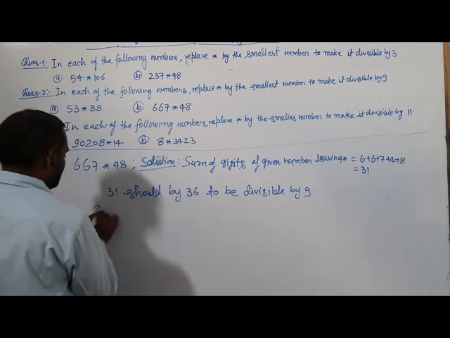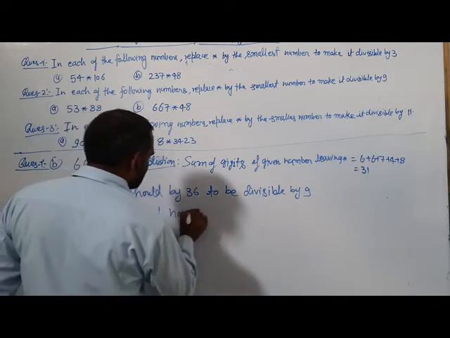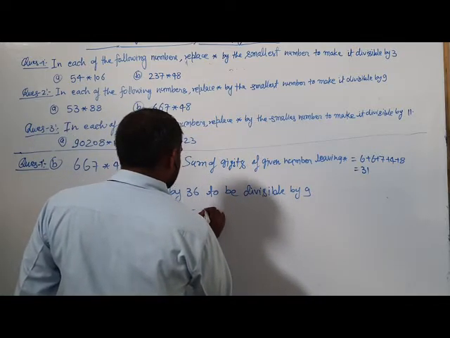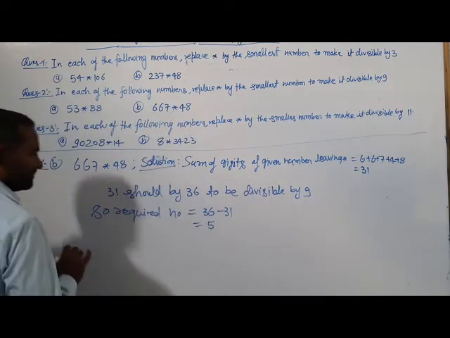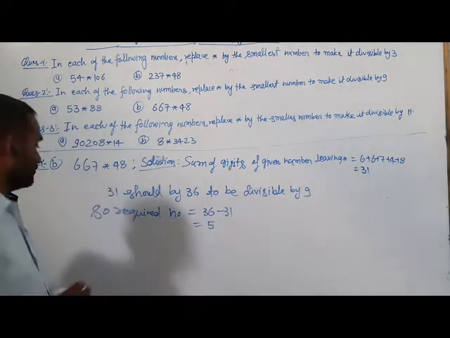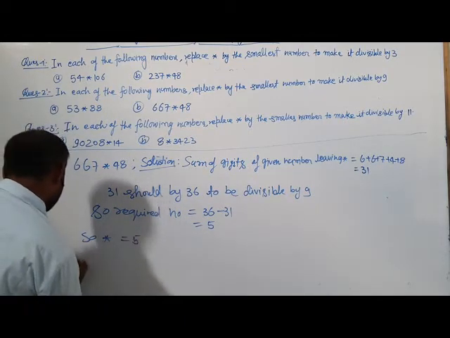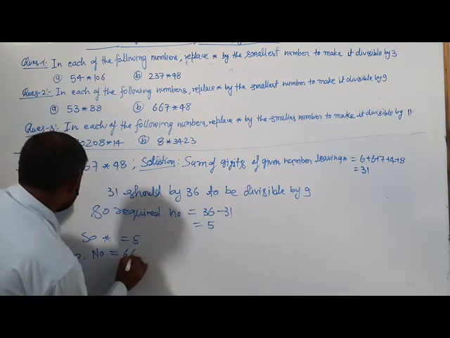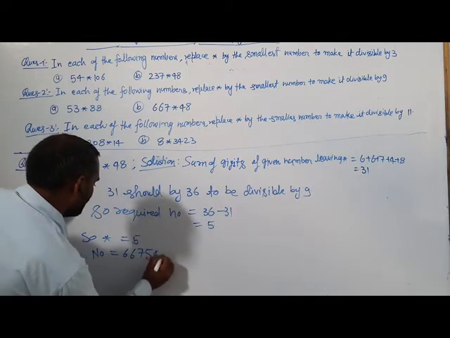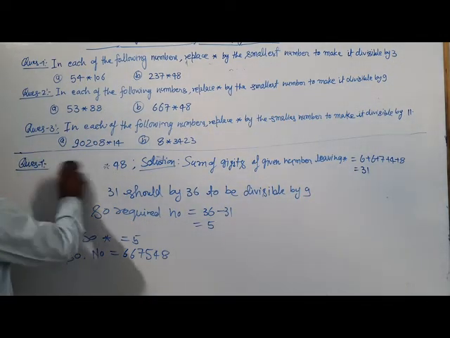So the required number is 36 minus 31, which is 5. So star is equal to 5, and the number is 6 6 7 5 4 8. In this way you can get the number and replace star.